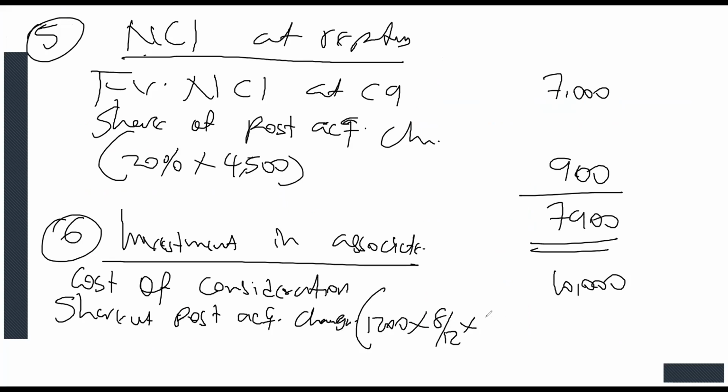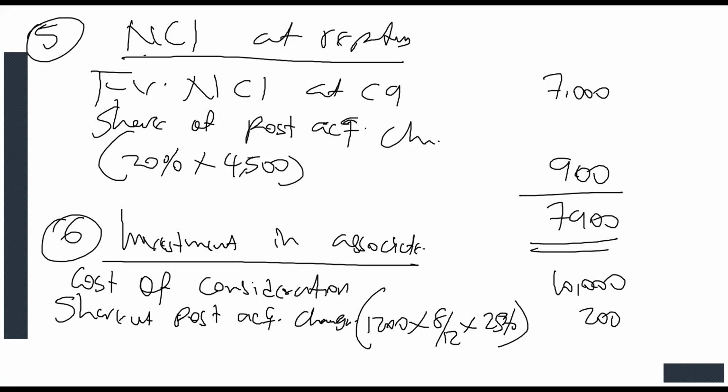Then finally we take 25% of it. So what do you get? 200. Great. So right here, 200.